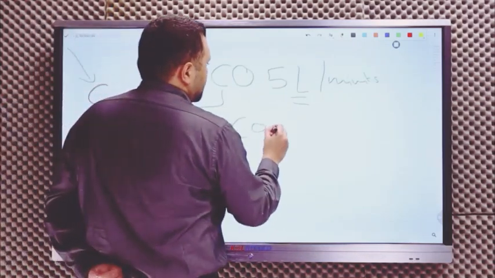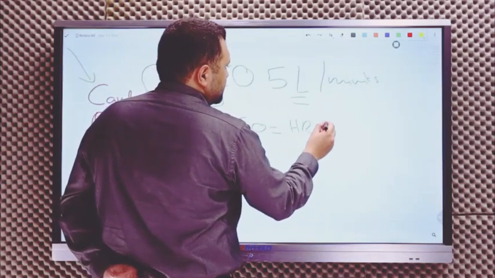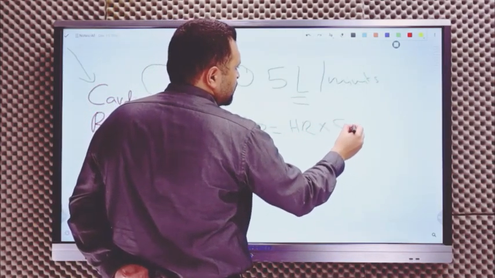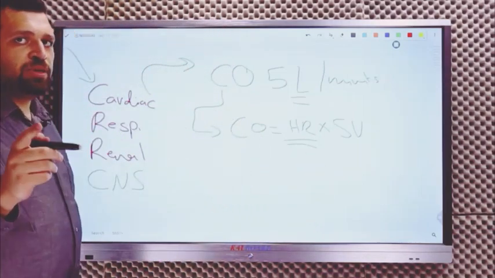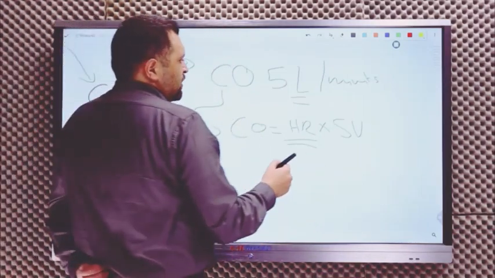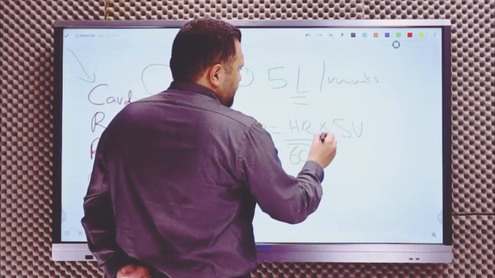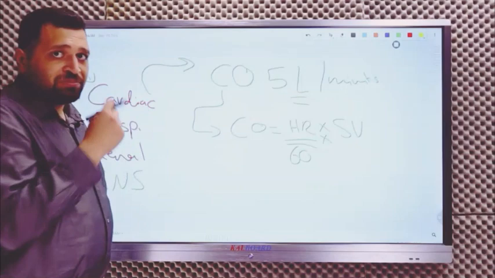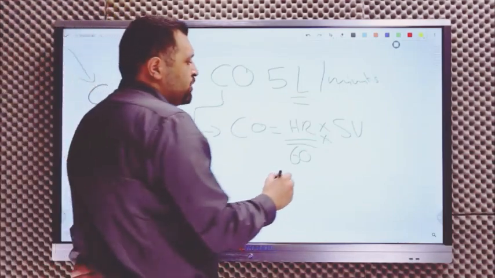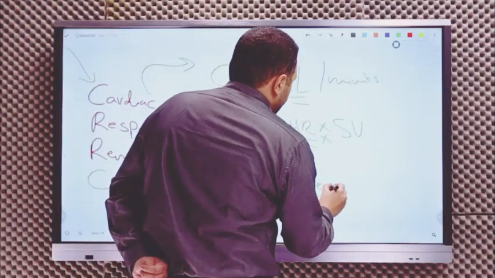It's heart rate multiplied by stroke volume. Heart rate is the number of times your heart beats each minute. Let's say it's 60. Stroke volume is the volume your heart pumps with each beat.